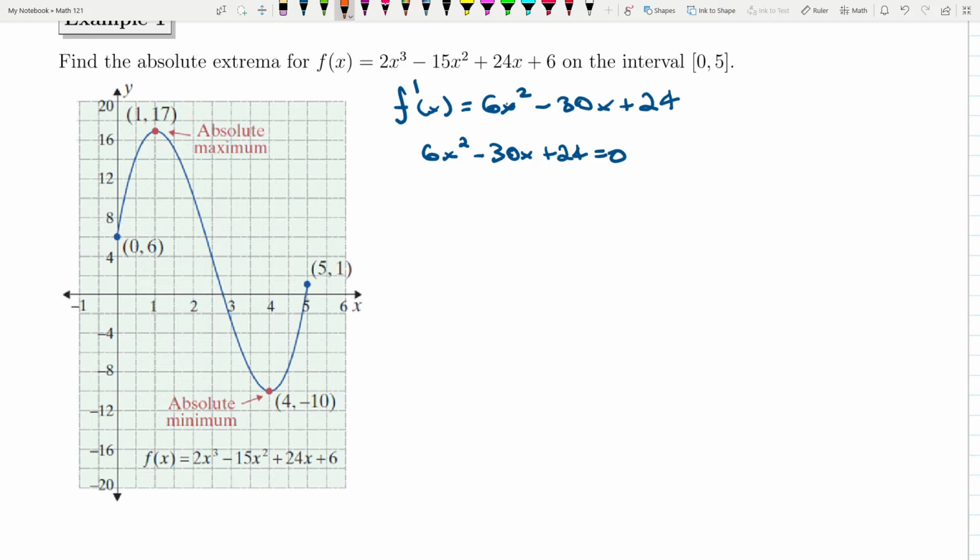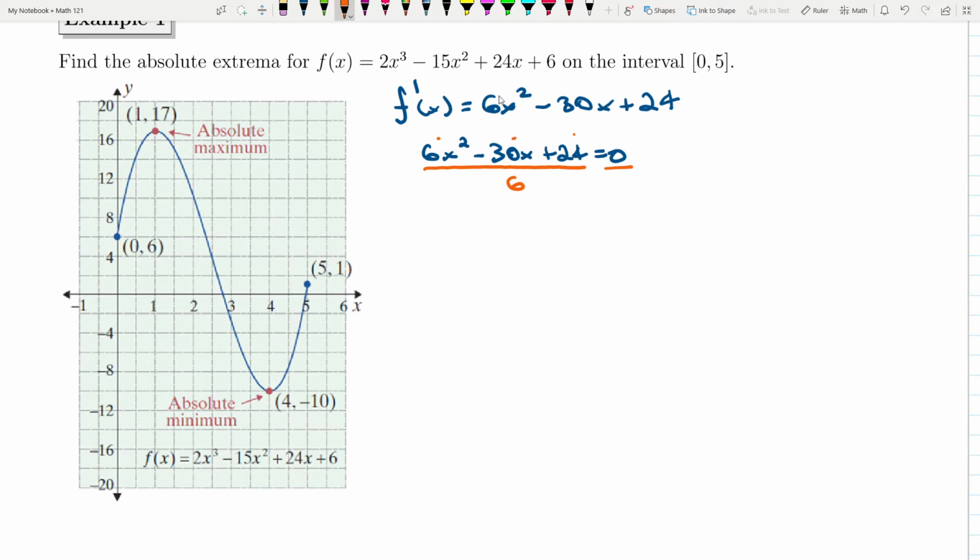However, for polynomials that have a leading coefficient different than 1, it usually works to check if every single term in the polynomial is divisible by, in this case, 6, the leading coefficient. This way we can do the factoring in a much shorter and easier way. In this case, the 6, the 30, and the 24 are all divisible by 6.